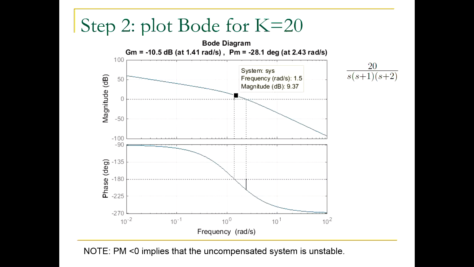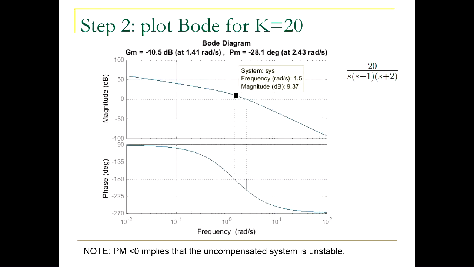And then, in order to provide lead at this frequency, the largest lead that the compensator provides, the largest bump, should be placed exactly at this new crossover. How would I achieve that? I will pick one corner frequency for the lead part on the left of that point, and another corner frequency of the lead on the other side, so that this bump occurs exactly at the desired crossover.